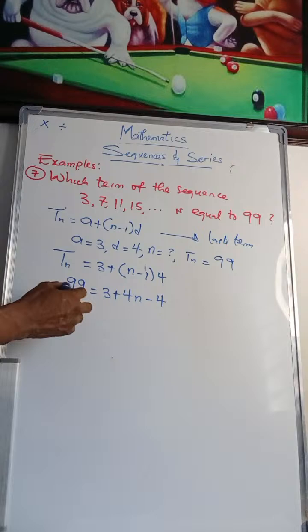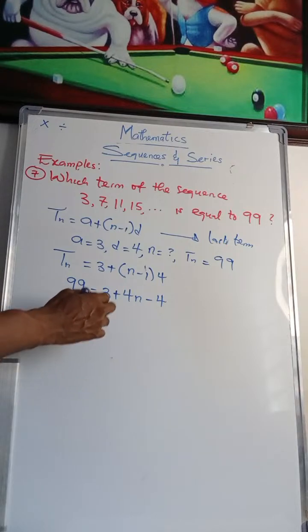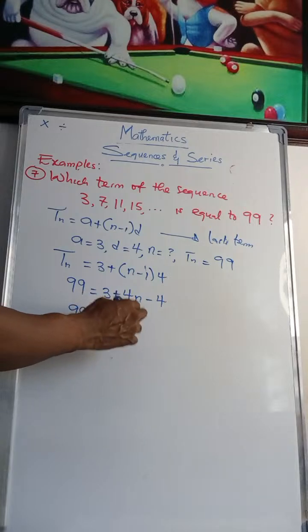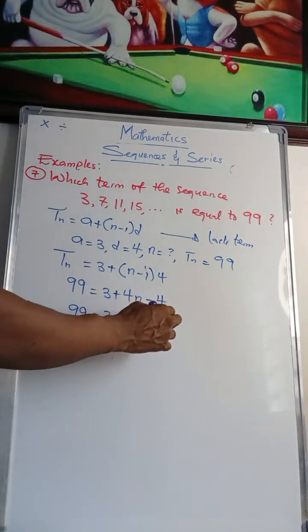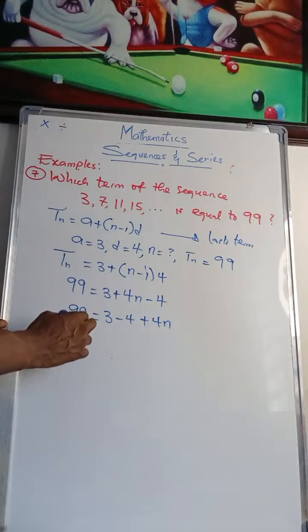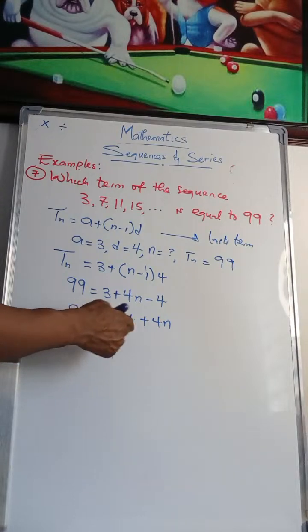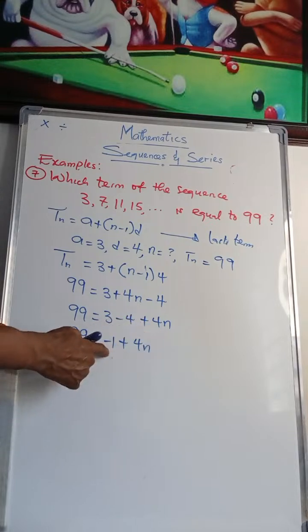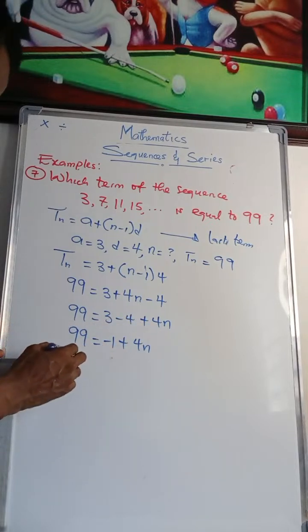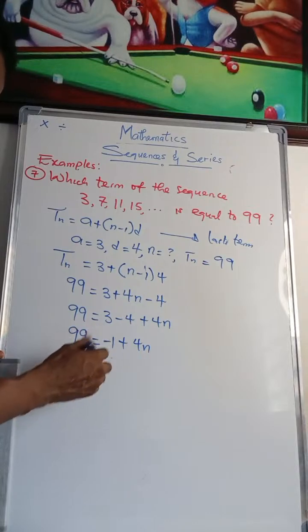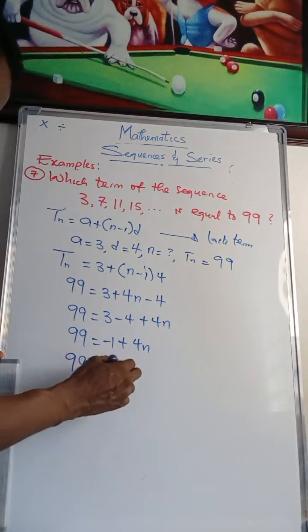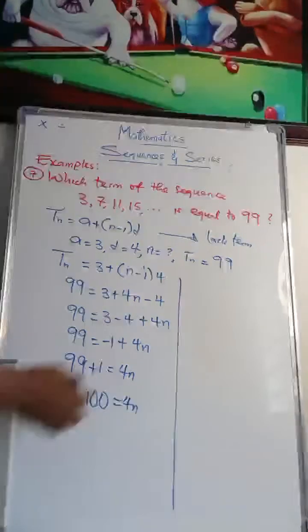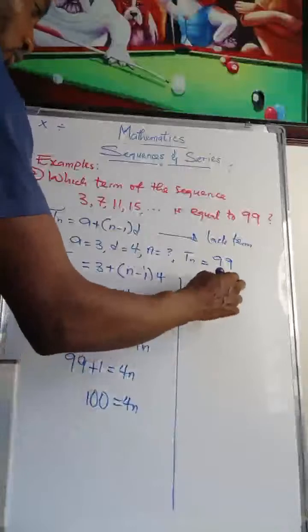All right, so let's collect like terms. We have 3 minus 4 plus this 4n. So we have 99 equals 3 minus 4 will give us minus 1 plus 4n. We bring this here, so we have 99, and by the time you add this, it becomes plus 1, equals 4n. 99 plus 1 will give us 4n equals 100.